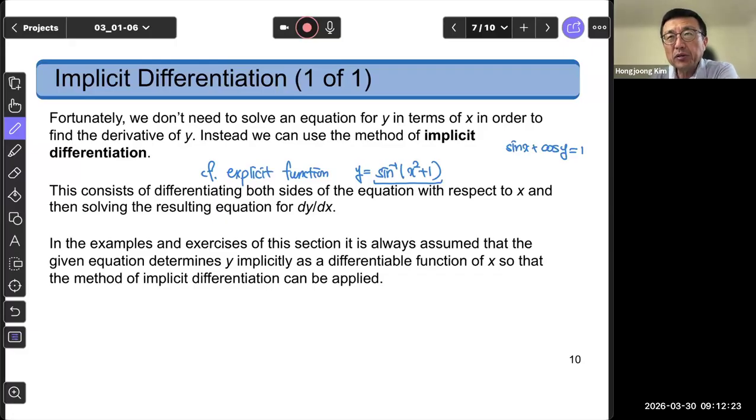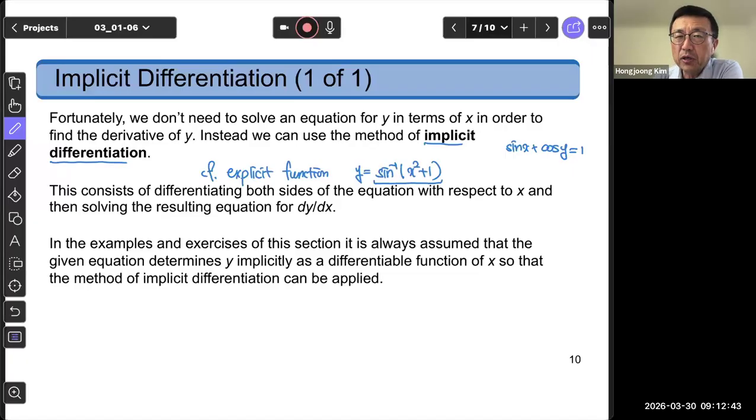So some equation is given in both x and y, and if you want to find the instantaneous rate of change of the y variable in terms of x, then you need to apply implicit differentiation.